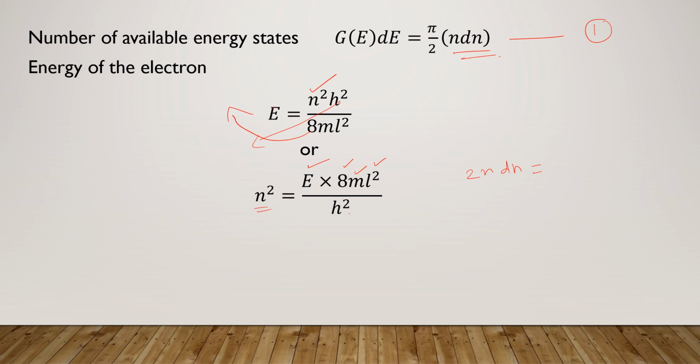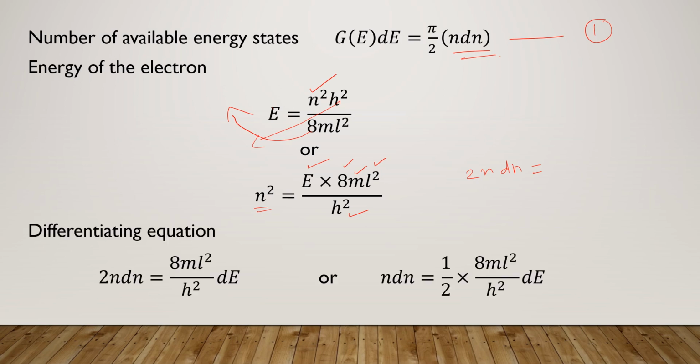Here 8m, L square and h square are all constants; only E will be differentiated. Therefore, we get 8m L square by h square into dE. Then this 2 is taken over to the other side. We get n dn is equal to 1 by 2 into 8m L square by h square into dE. So this is taken as equation number 2.